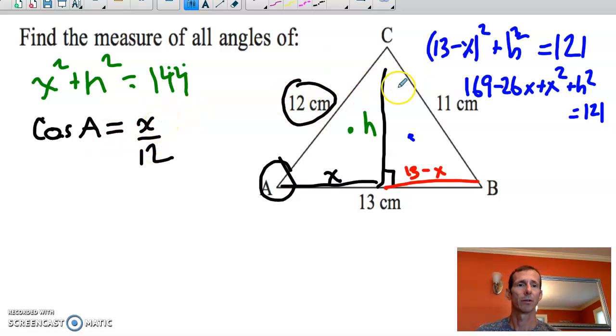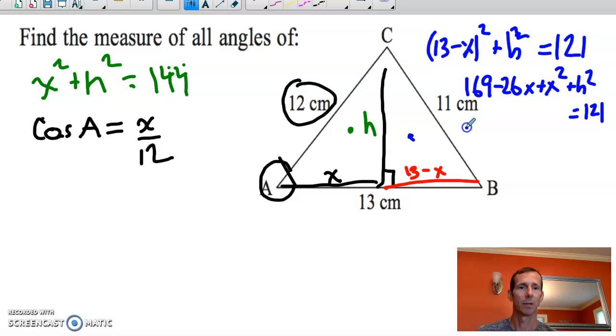So we are going to use a little bit of substitution from this blue Pythagorean theorem into this green Pythagorean theorem. So on the blue one, I'm going to come over here and I'm going to get h squared by itself. So if I want to get h squared by itself, I'm going to subtract all of this stuff away.